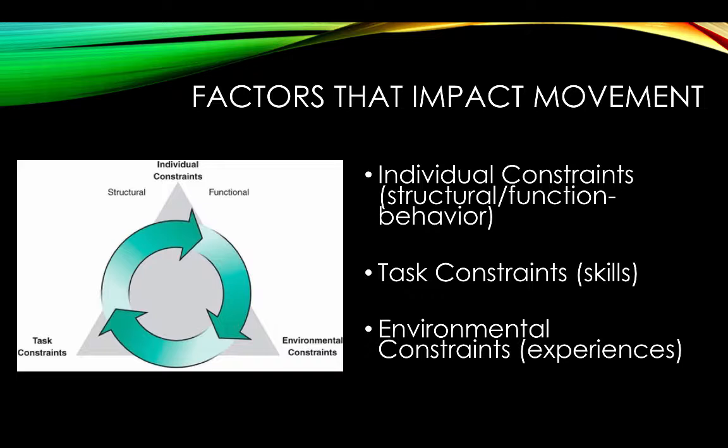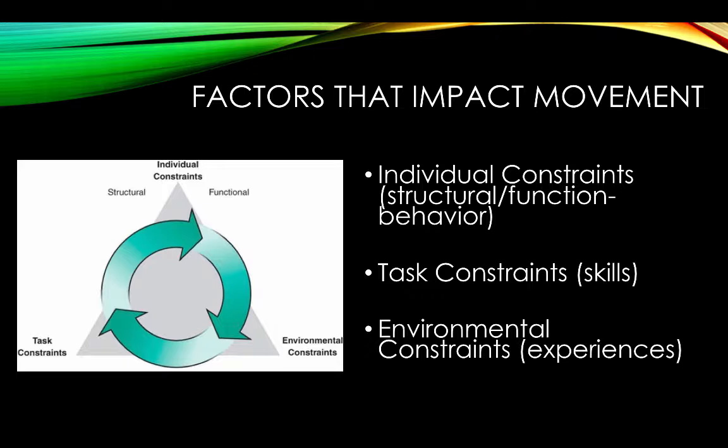Specifically for this class, we talk a lot about what are some individual constraints, task constraints, and environmental constraints that can impact movement. And a lot of this is going to help you with lesson planning and providing differentiation, meaning different adaptations to your teaching to really meet your individual and their constraints that they have.